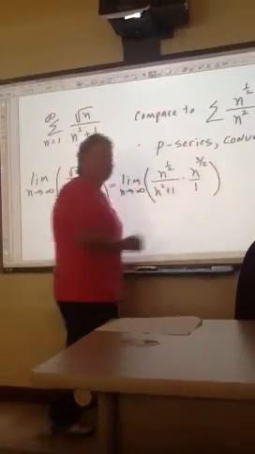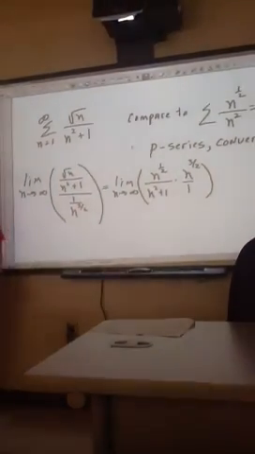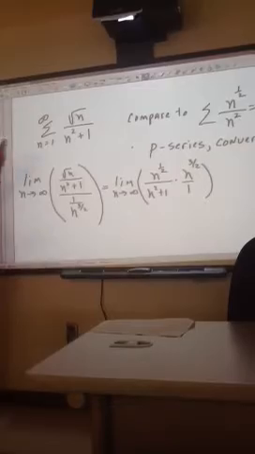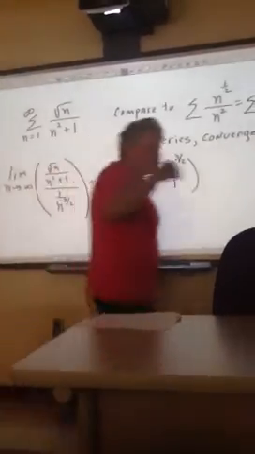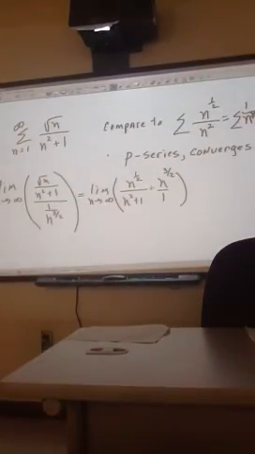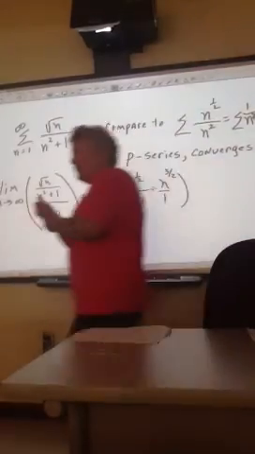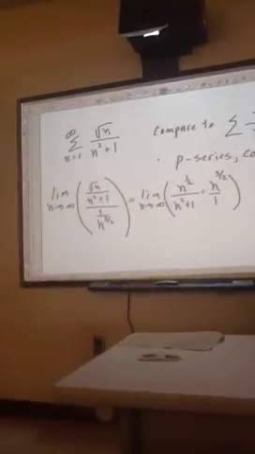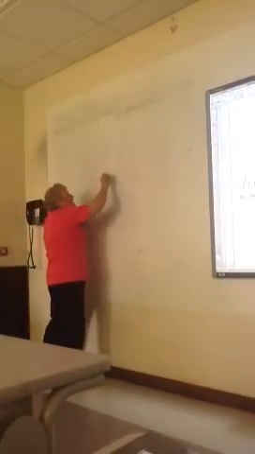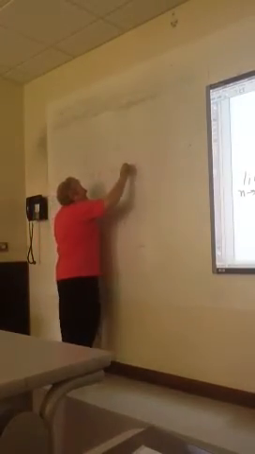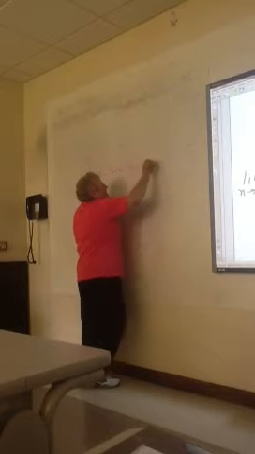You bet. That's a perfectly valid question. His question is, I don't want to do all of this work. What if I try the nth term test? It's not gonna work, but I mean, this one. Yeah, I know, it doesn't work. Nth term test for divergence.